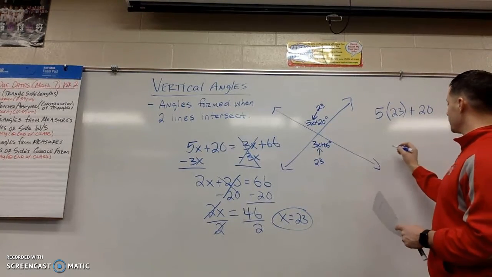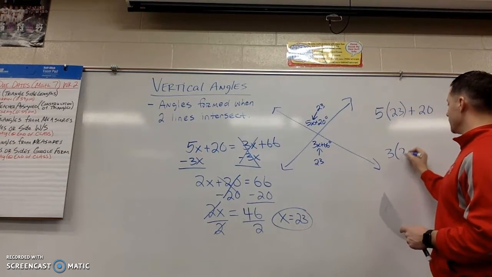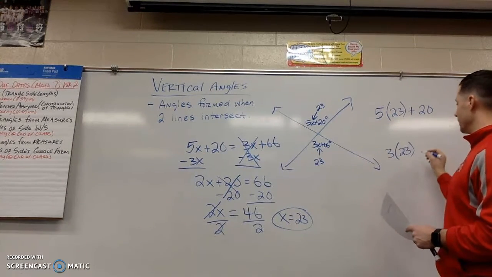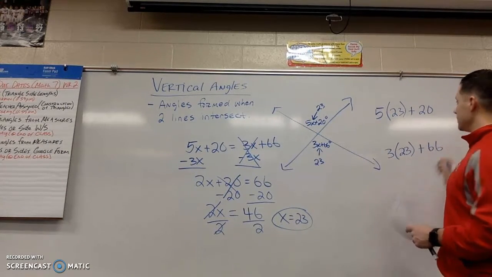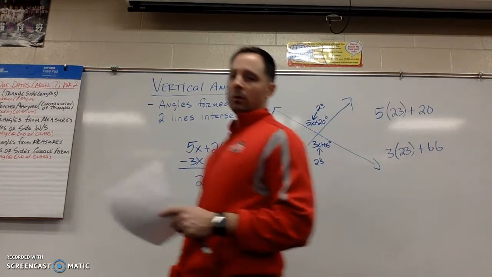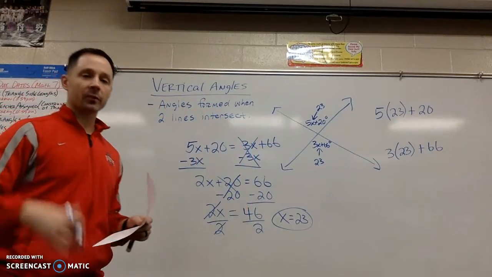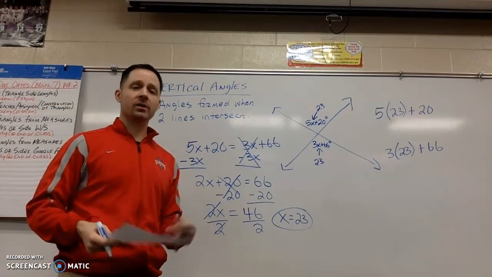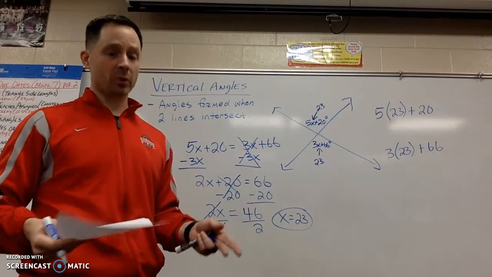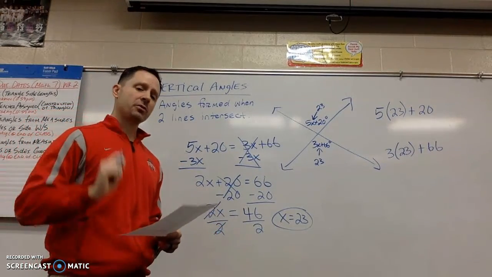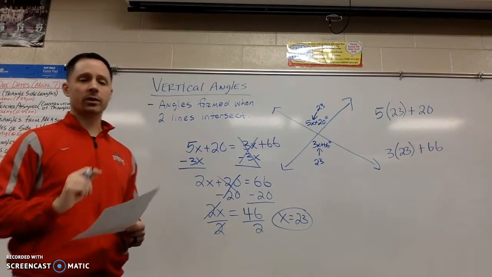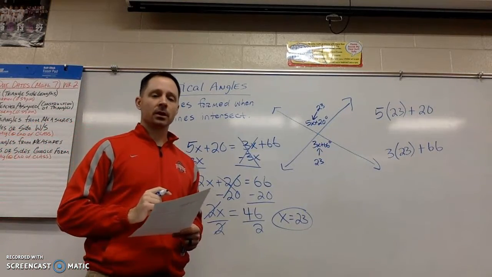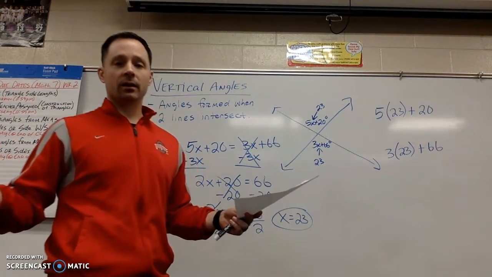And then our other expression, instead of 3x, it's going to be 3 times 23 plus 66. So you can take a moment there to do those two problems. Press pause and see if you can figure out what the two angles are. All right, we're back.